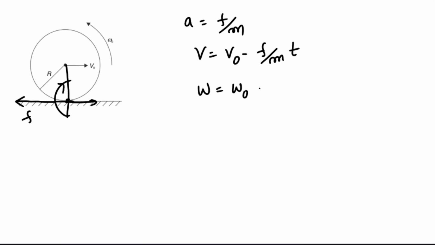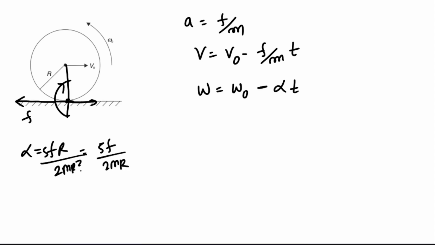Clockwise, okay. So minus alpha t. What will alpha be? Alpha is torque f r divided by I, that is 2 by 5 m r square. So this is 5f by 2 m r. This is alpha, right? So this will become omega naught minus 5f by 2 m r t.